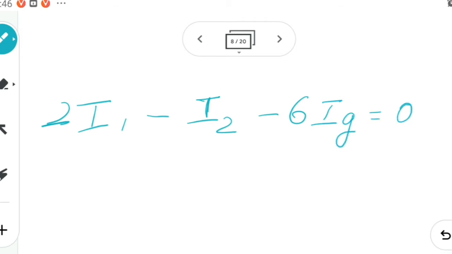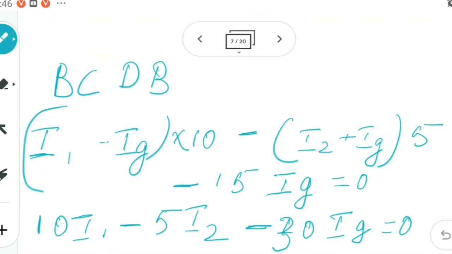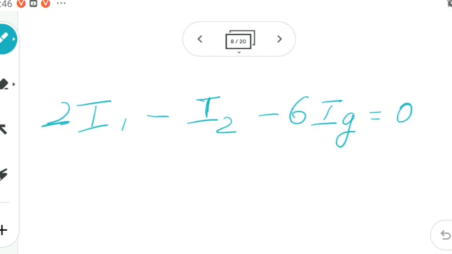So this is the simplified form of the equation 10 I1 minus 5 I2 minus 30 Ig equal to 0. That is the second equation.